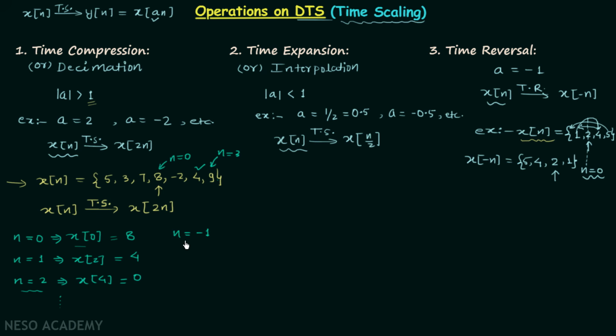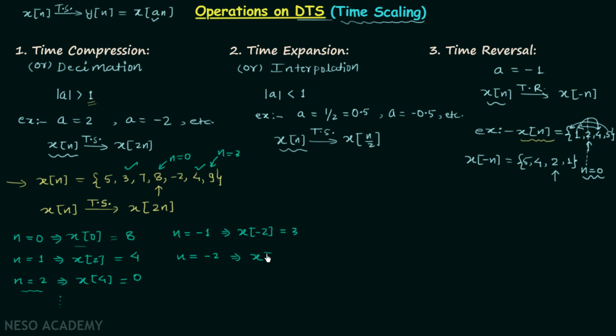Therefore I will stop here, and now I will focus on the values of n which are negative. When n is equal to minus 1, we will get x(minus 2), and from here we can see that x(minus 2) is equal to 3. Now I will put n equal to minus 2.